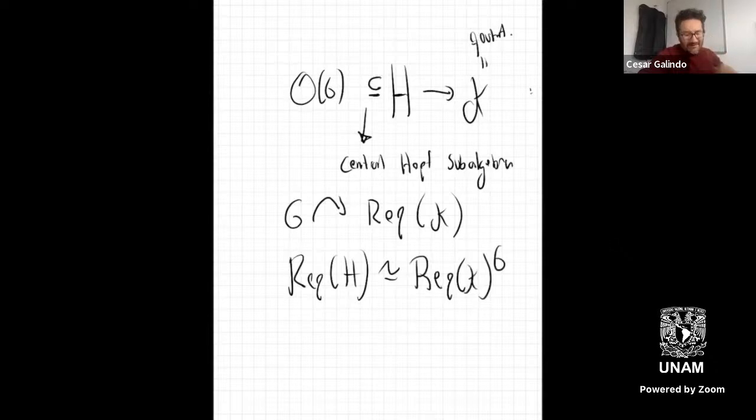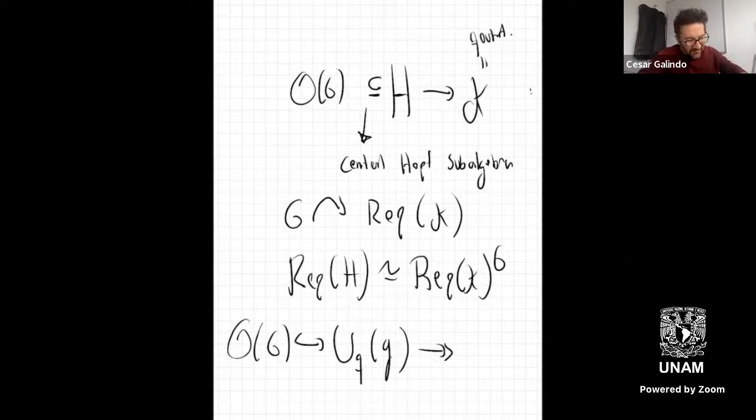And there is a very interesting case of this, and it's when you take the quantum group where q is a root of unity. There is always the algebra of functions over the group G, which is a semisimple, or simple if you want, algebraic group, and this is the algebra of functions over the connected, simply connected Lie group associated. Here I am saying something incorrect. Maybe it's better to write it in this way. This is the quantum group associated with this connected, simply connected group. It has a copy of the algebra of functions over G. And here the quotient is the small quantum group associated with G. This is a finite dimensional Hopf algebra.